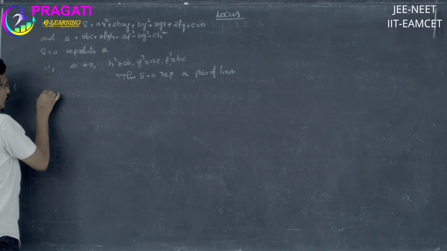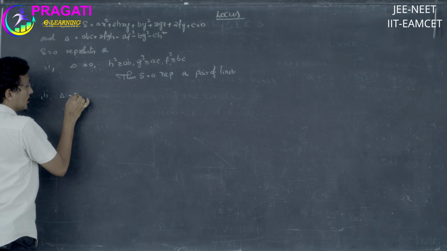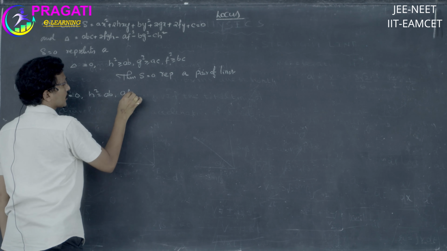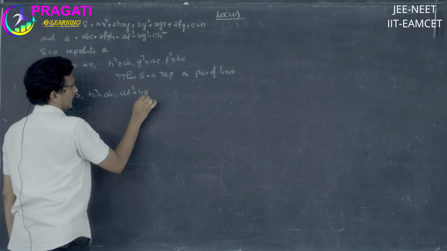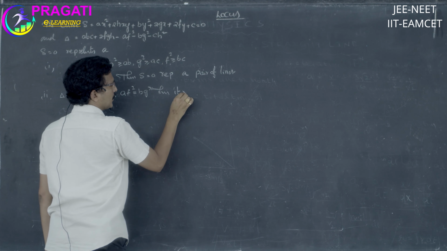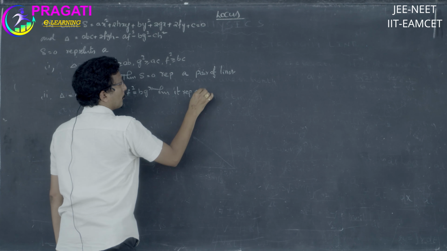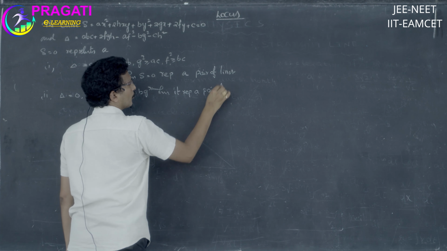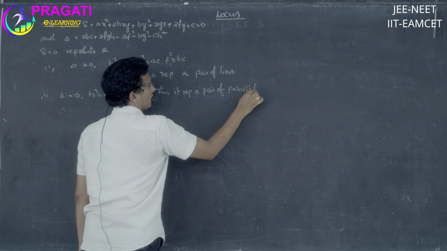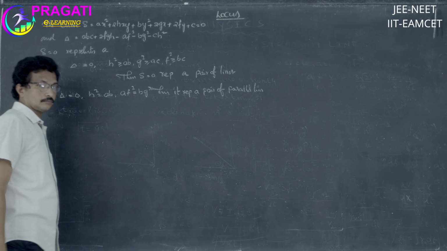Suppose delta equal to 0 and h square is equal to ab, af square is equal to bg square. Then it represents a pair of parallel lines.